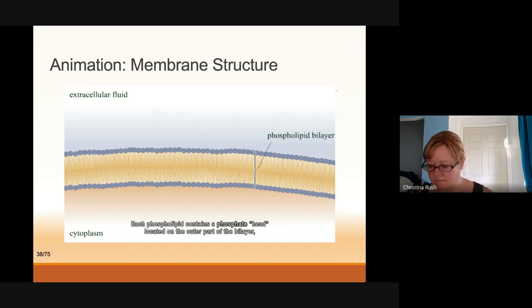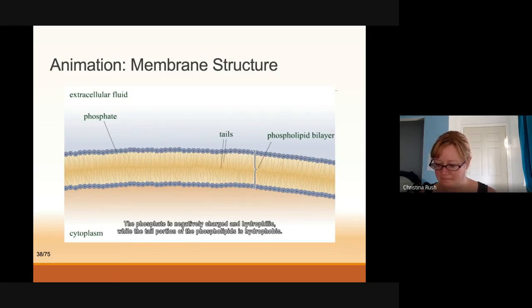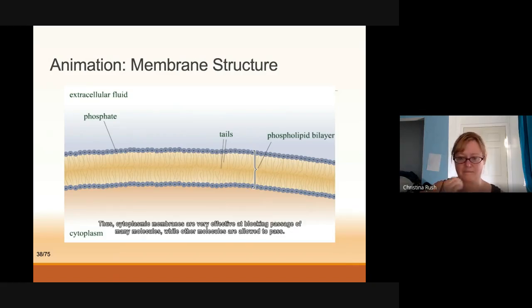Each phospholipid contains a phosphate head located on the outer part of the bilayer, attached to a glycerol and 2 fatty acids, which face the core of the membrane. The phosphate is negatively charged and hydrophilic, while the tail portion of the phospholipids is hydrophobic. Thus, cytoplasmic membranes are very effective at blocking passage of many molecules, while other molecules are allowed to pass.